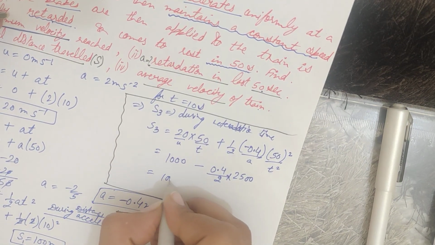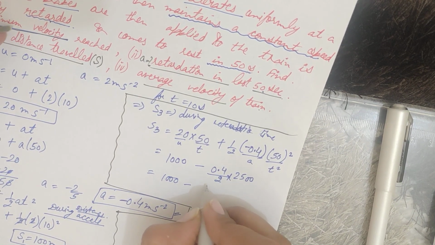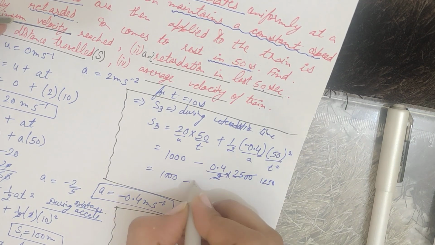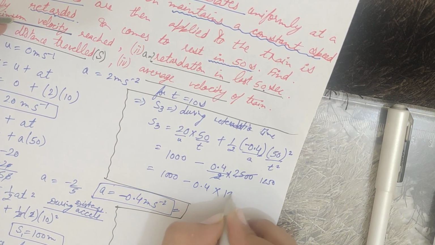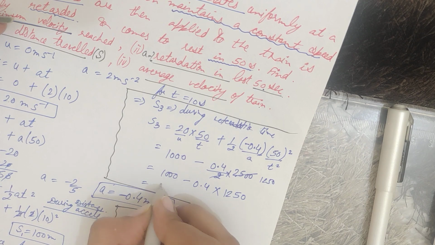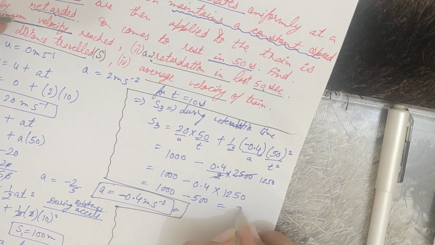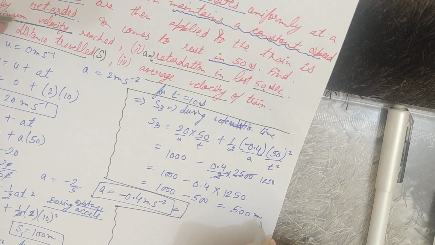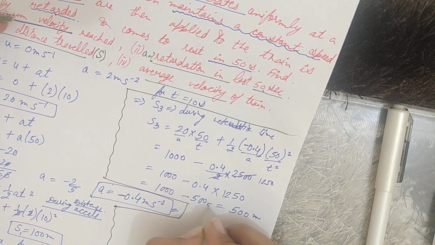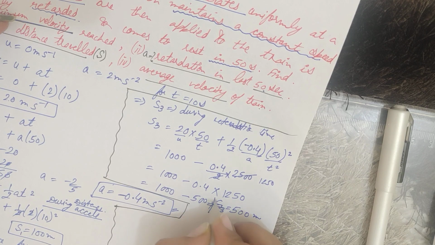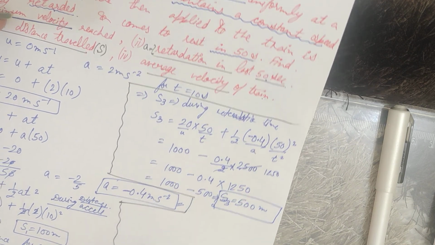Then 1000 minus, after doing the calculation, 0.4 into 1250, it is 1000 minus 500, which is 500 meters. So S3 is equal to 500 meter.